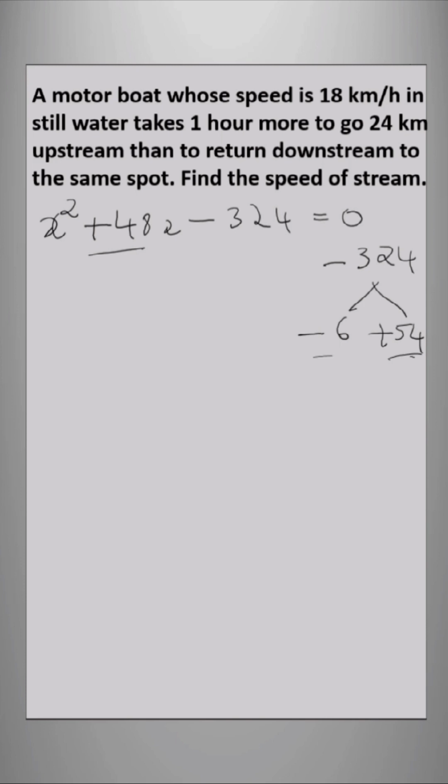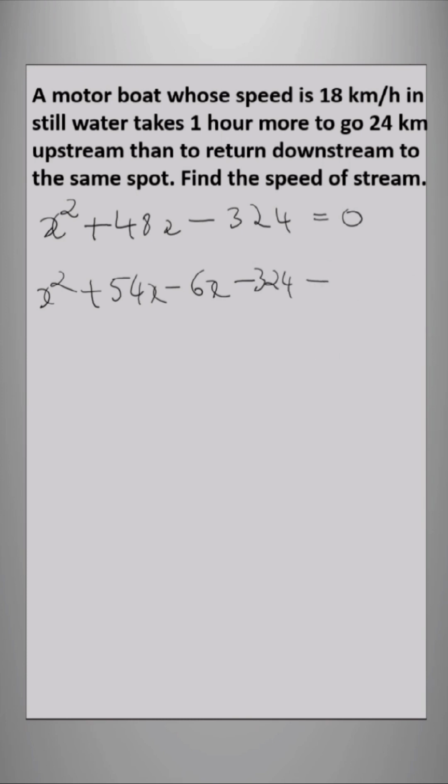Observe, 54 minus 6 is positive 48. 54 into negative 6 is negative 324. So now let us write the equation as x square plus 54x minus 6x minus 324 is equal to 0.